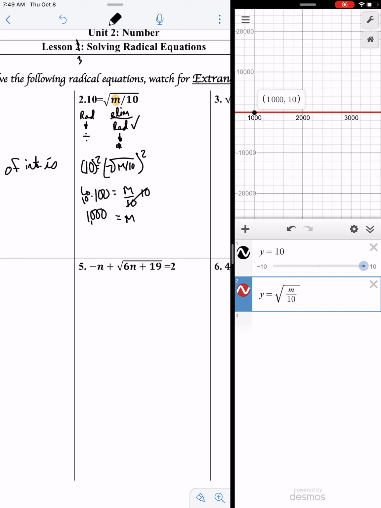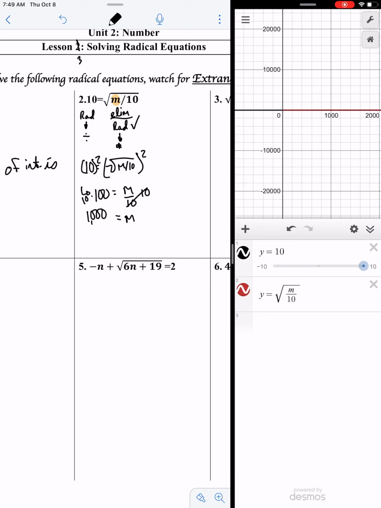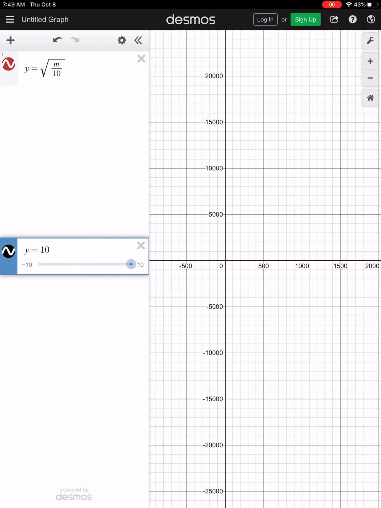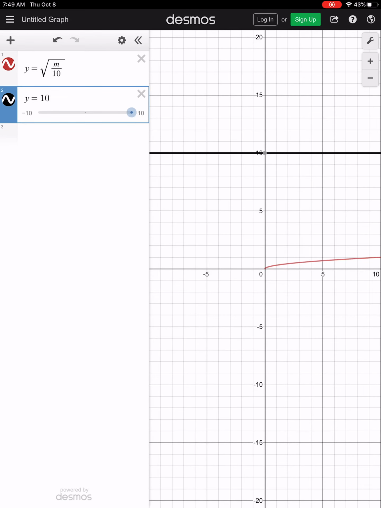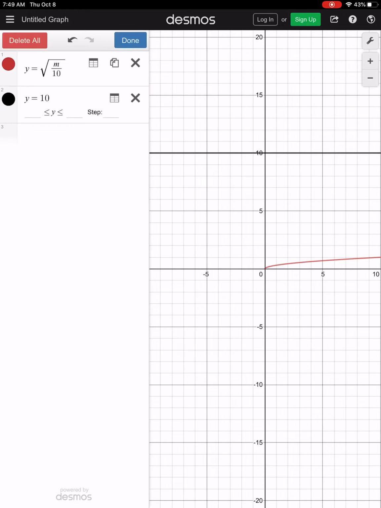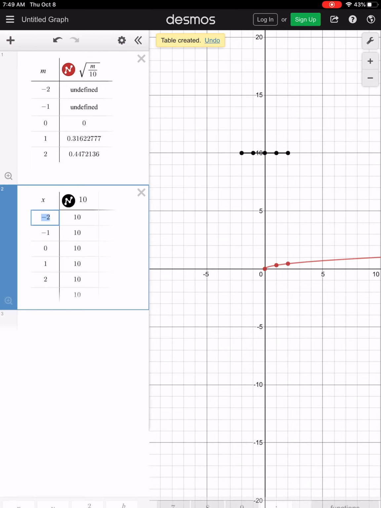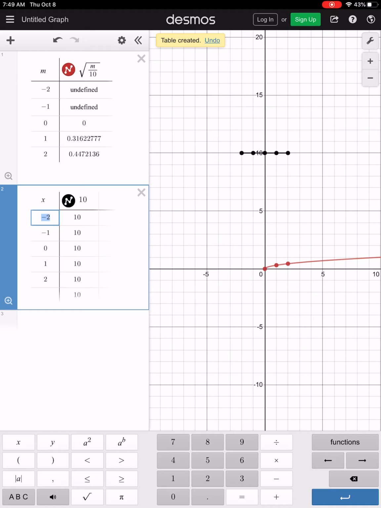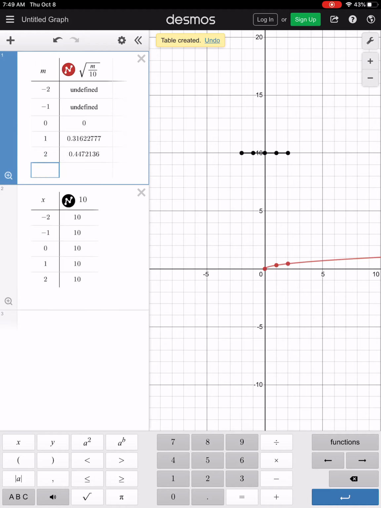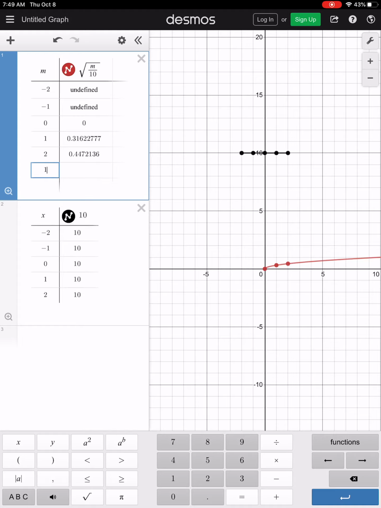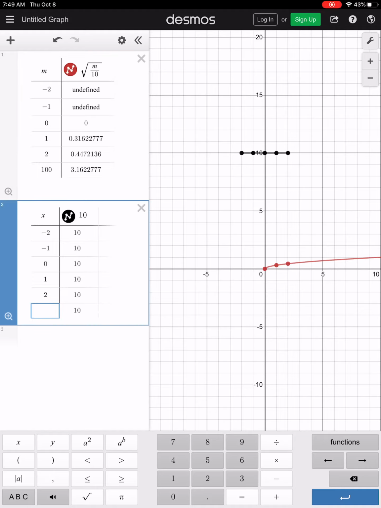Now another way you can do this, if you want to, is focus solely on your tables. So again, if I pull up a table of both equations, here I would just come in, I will plug in answer choices. So say if I thought it was 100, okay, I get 3.16. When I come down here and I put in 100, it needs to be 3.16.